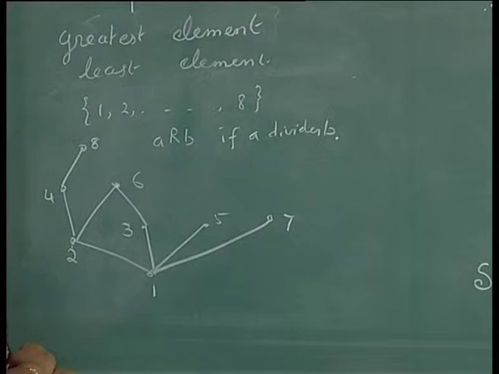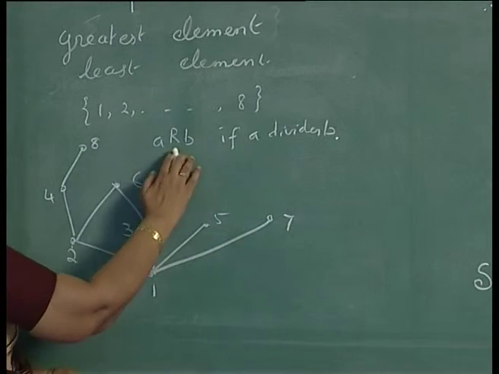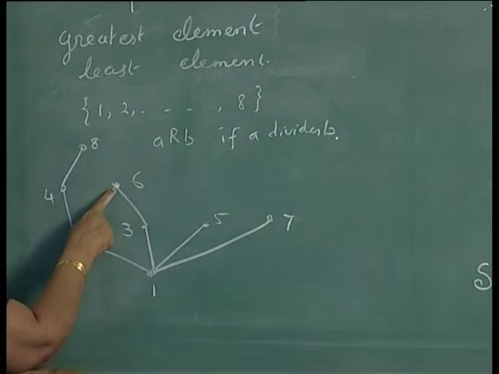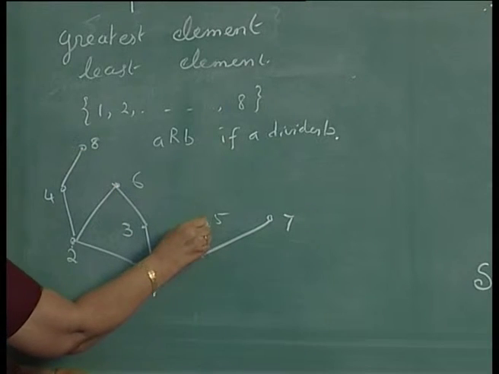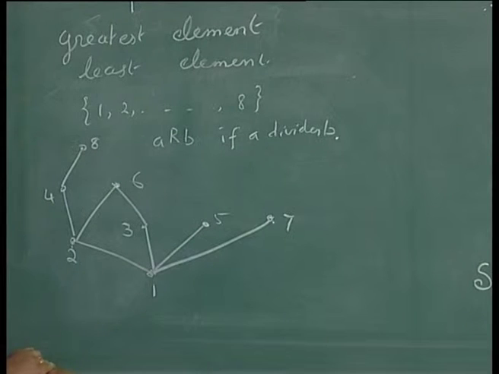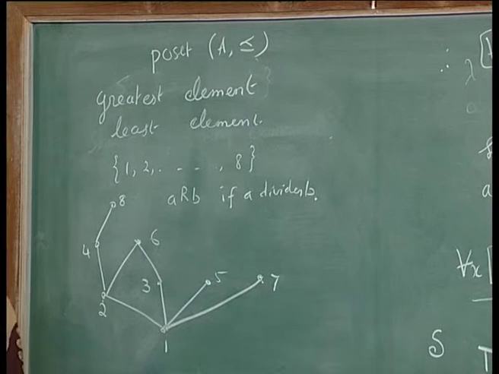This particular set does not have a greatest element. You cannot find an element such that every element is less than that. So, there is no greatest element here. But by the definition of maximal elements, 8 is a maximal element, 6 is a maximal element, 5 is a maximal element, 7 is a maximal element. Let us look into the definition of maximal element.